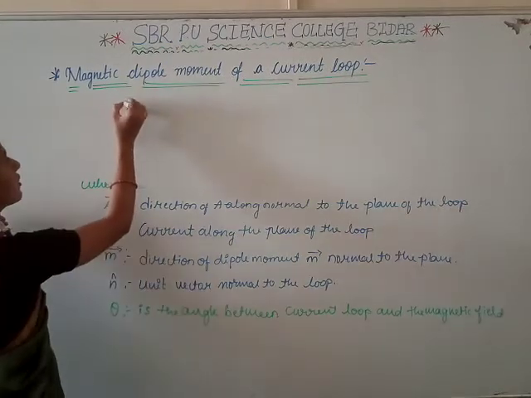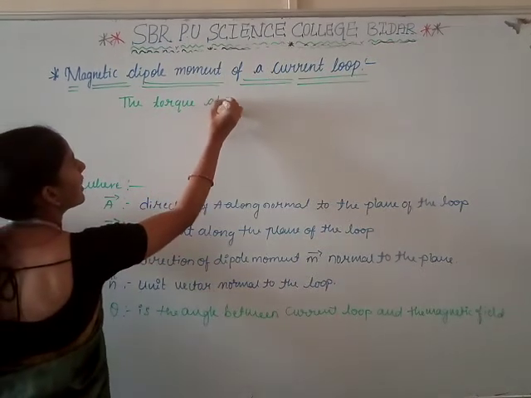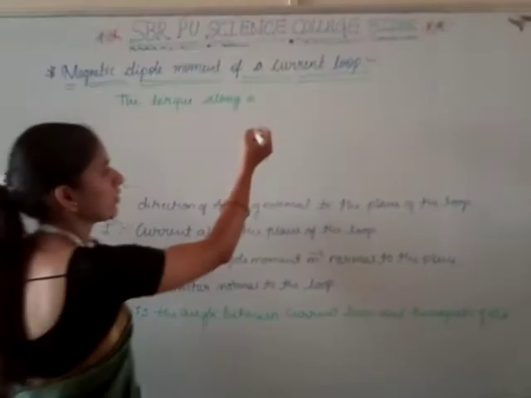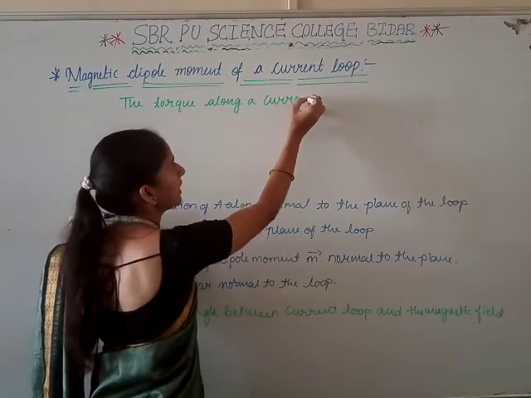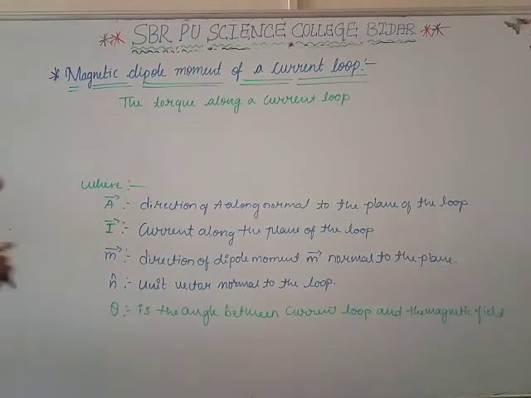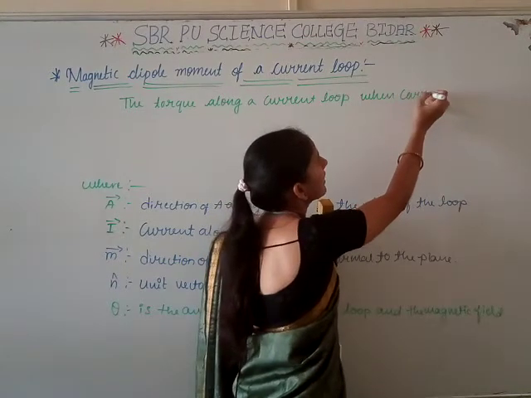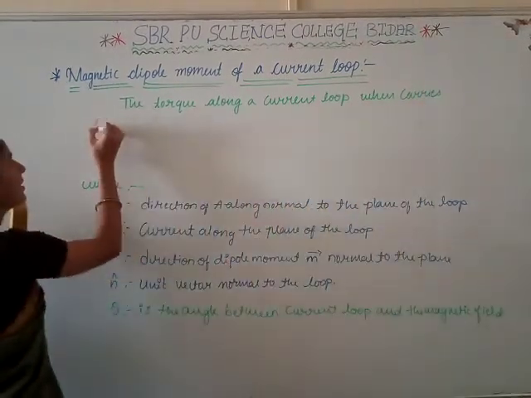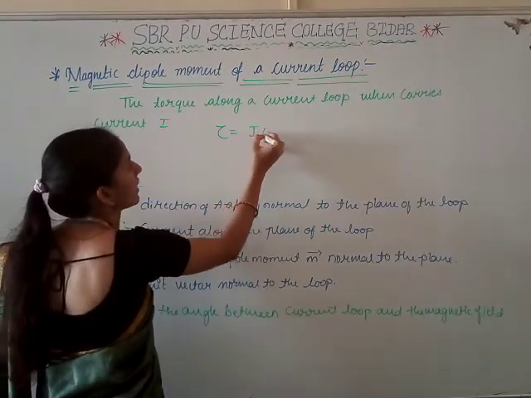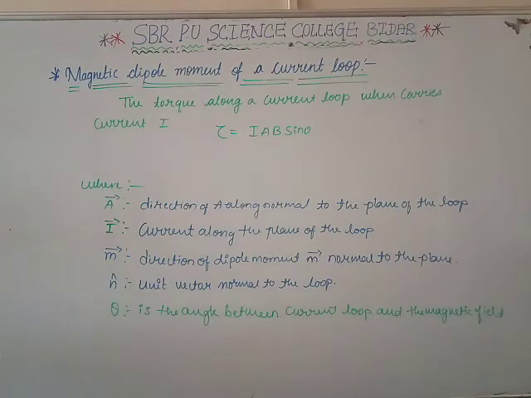Therefore, the torque on a current loop carrying a current I is tau equals IAB sin theta.